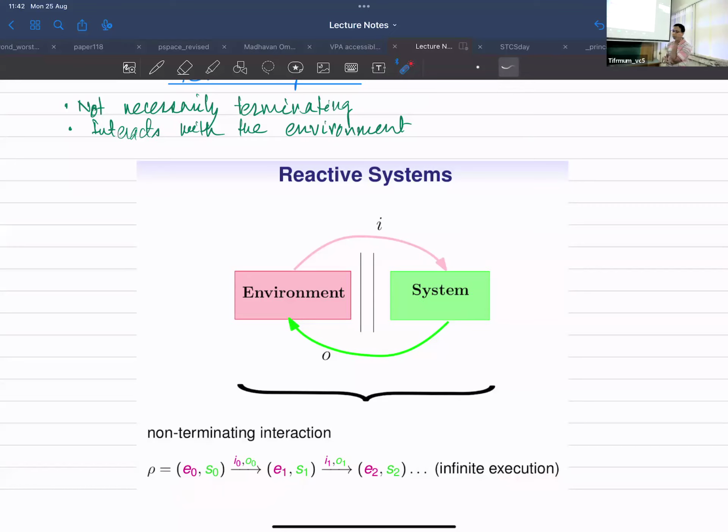What we want to ensure is that this infinite execution does not violate the specification. If you talk about some safety specification, that something needs to be safe, or that something needs to eventually happen, this kind of thing should hold true. This execution should not violate such specifications.